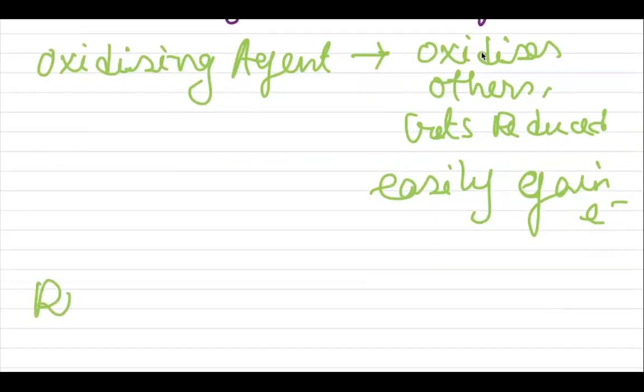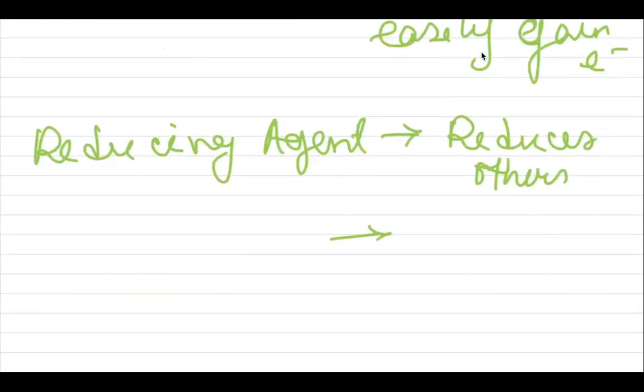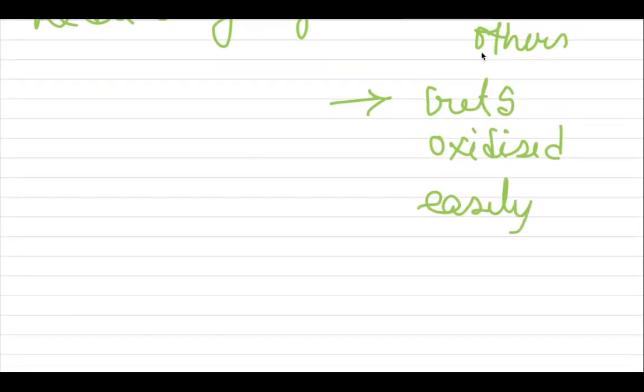Whereas a reducing agent will be just the opposite. It reduces others and gets oxidized, and easily loses electrons.